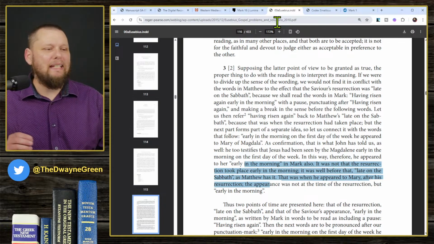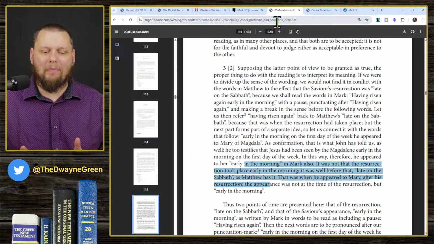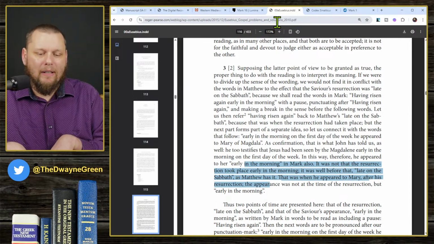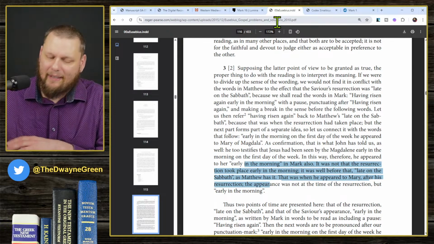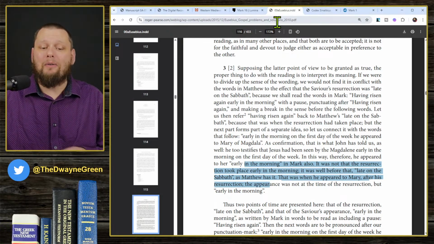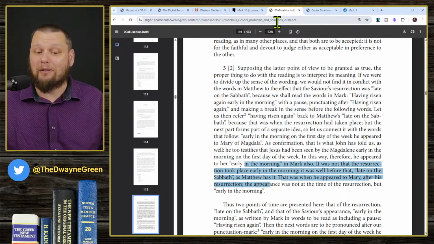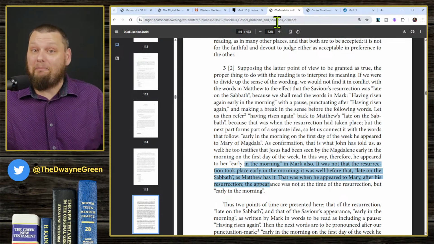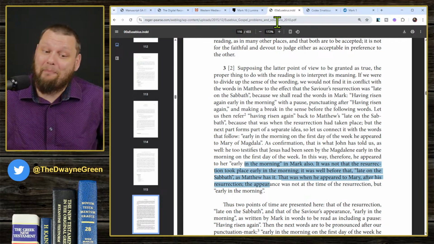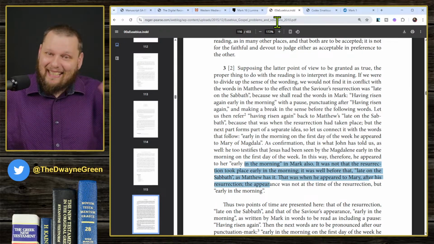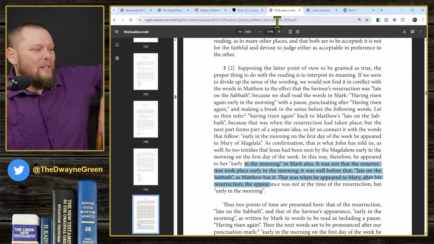The NET notes and Metzger's commentary point out that Eusebius said this thing in the wrong context, but they never point out that Marinus has Mark 16:9 through 20 in front of him. He's asking about it. That's another witness to the ending of Mark.